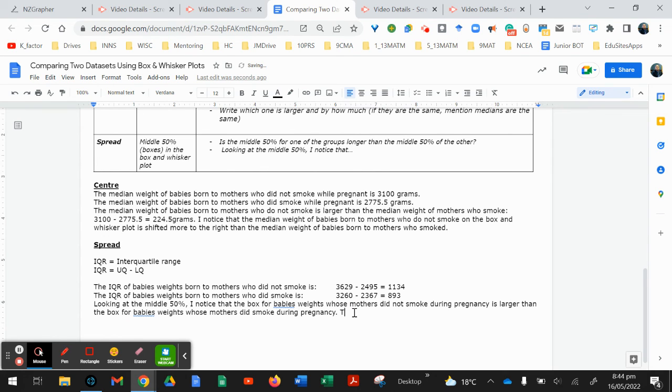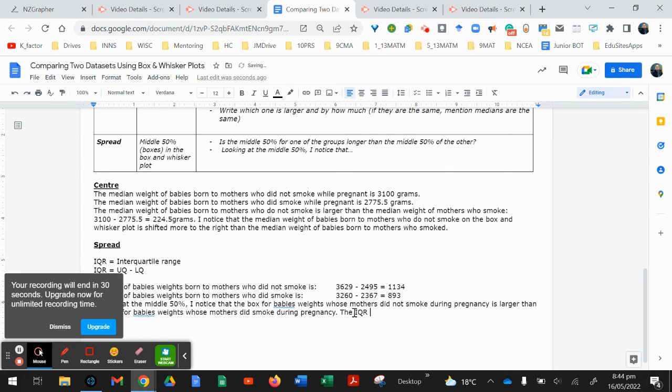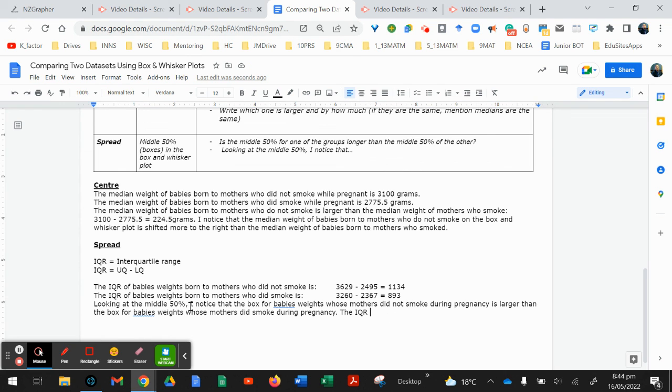Now you can say the interquartile range. We've done the interquartile range, and if you leave it there, that's good enough. I'm pretty happy with that. So you've got to do this for the rest of the documents.